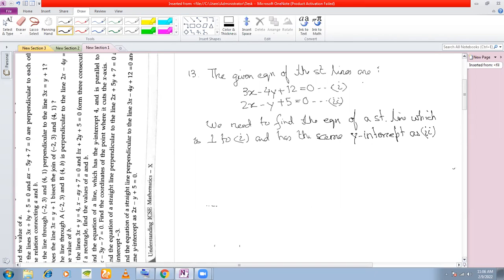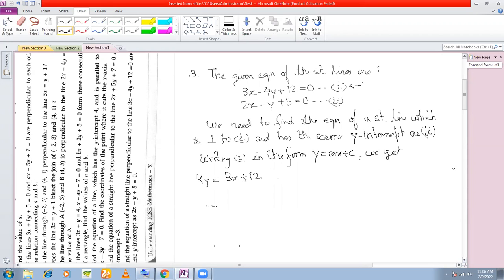Now, first of all, we find out the slope of line 1, right? So, writing 1 in the form y is equal to mx plus c, we get, let's write this, 4y is equal to 3x plus 12, right?